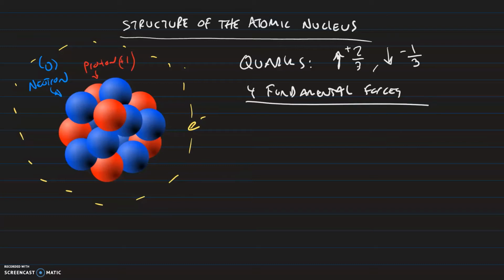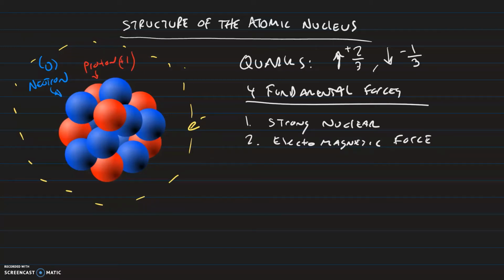Now, there are 4 different fundamental types of forces. And I'm going to put them in increasing strength. So the first one is the strong nuclear force. The second is electromagnetic force. And an example of this would be the repulsion of the protons. And this does actually happen.